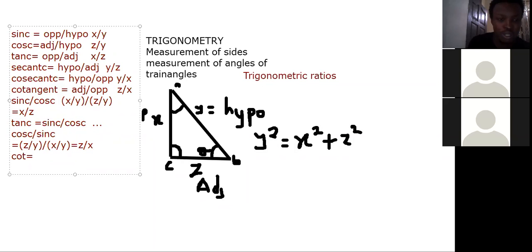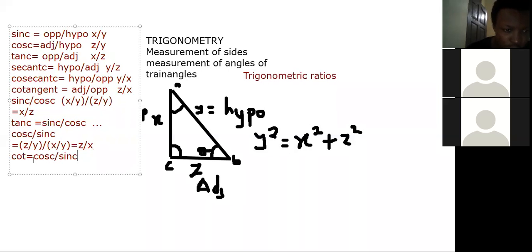Cot is equal to cos C all over sine C. Can we conclude that? Yes, sir. Do you agree or disagree? I agree.